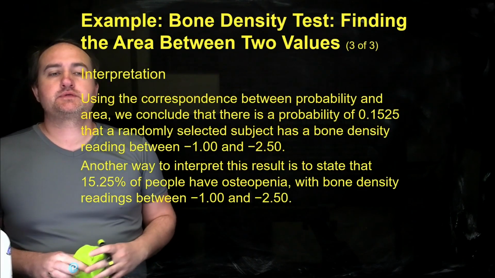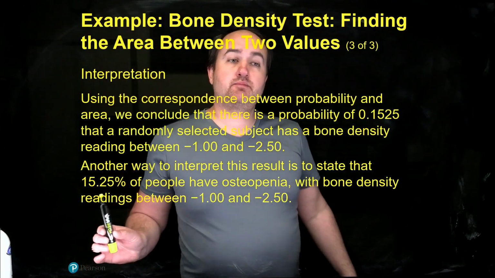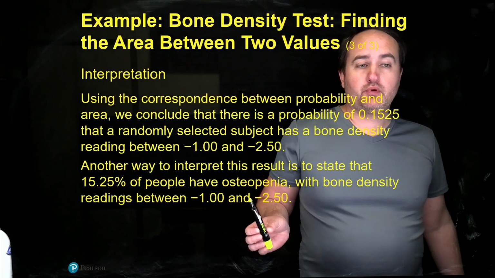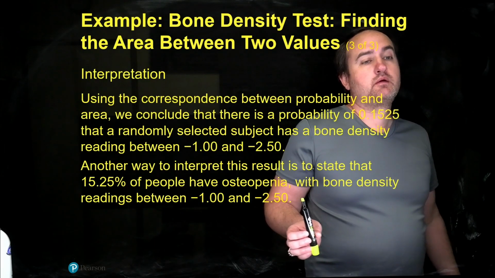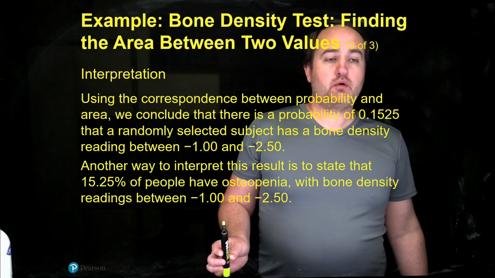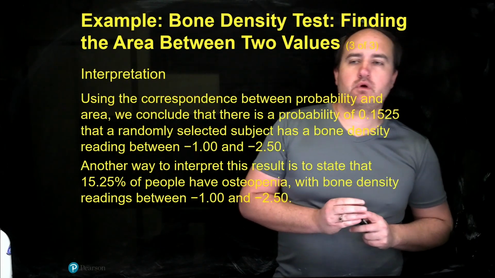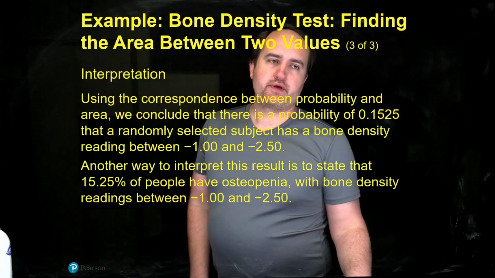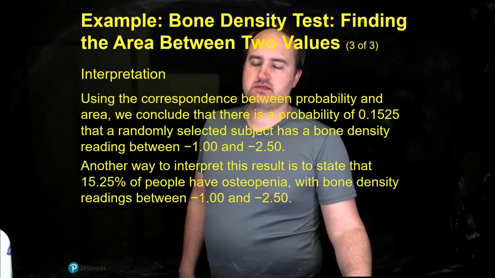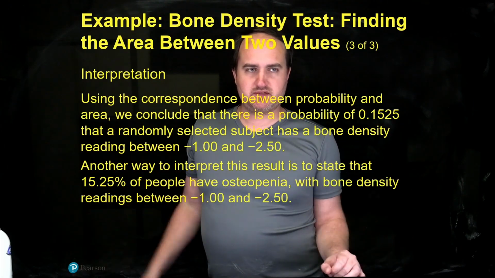Another way to interpret this in the real world is to state that about 15.25% of people have osteopenia with bone density readings between negative 1.00 and negative 2.50. Okay. So, one of the cool things about statistics is it's immediately used all the time, especially in medicine and science.